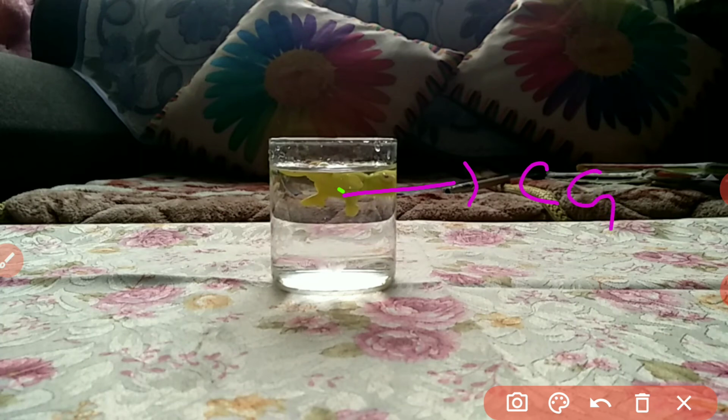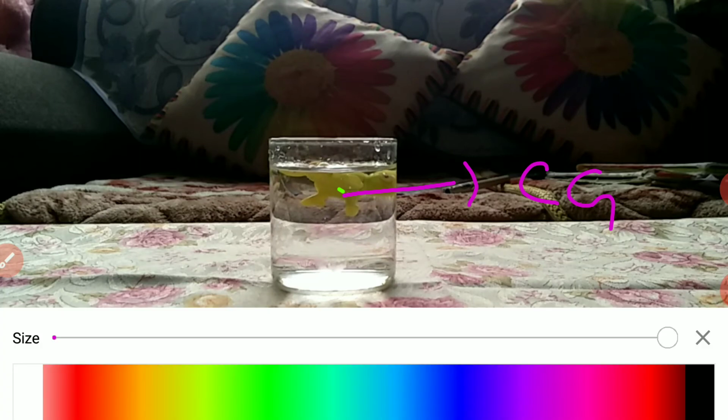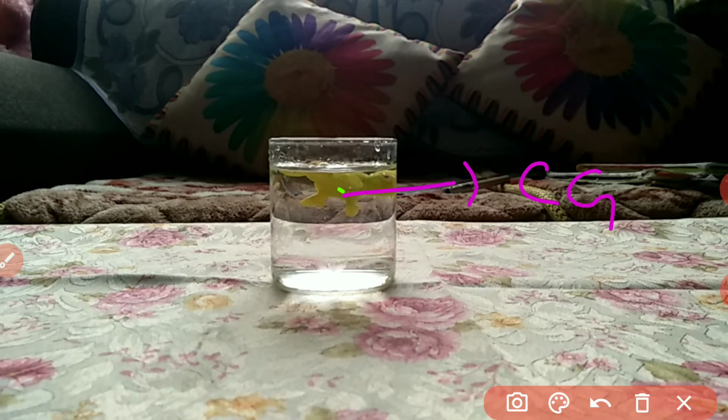Now if the object is completely immersed as shown in the figure, it should have a center of buoyancy also. That center of buoyancy in this case coincides with the center of gravity. So center of buoyancy and center of gravity are at the same point when the object is fully immersed in the liquid. When an object is fully immersed in a liquid, its center of gravity will coincide with the center of buoyancy, or I can say the center of buoyancy coincides with the center of gravity of the body.